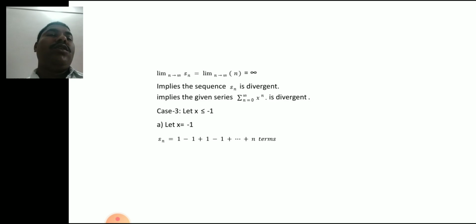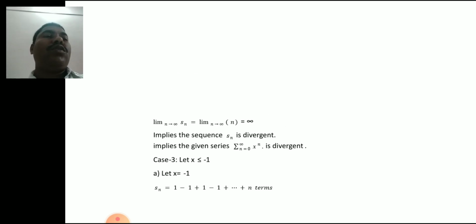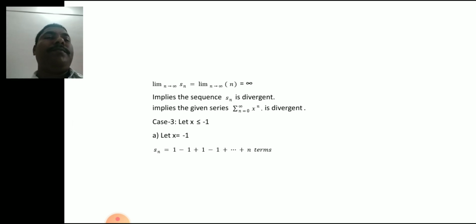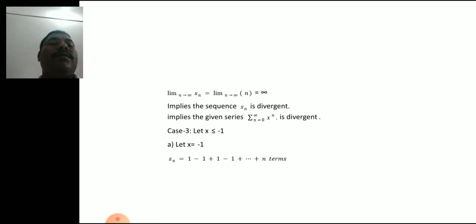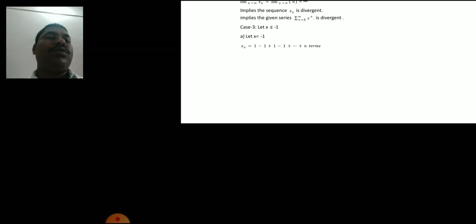Case 3. Let x be less than or equal to minus 1. In that, we take x equal to minus 1. Therefore Sn is equal to 1 minus 1 plus 1 minus 1 up to n terms.